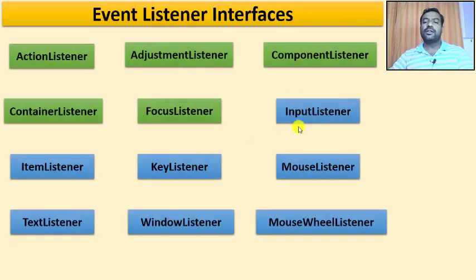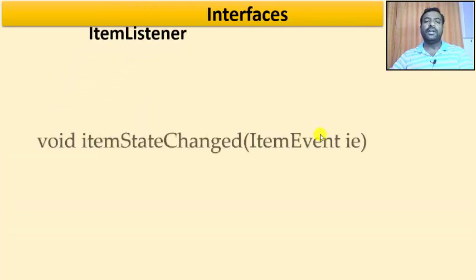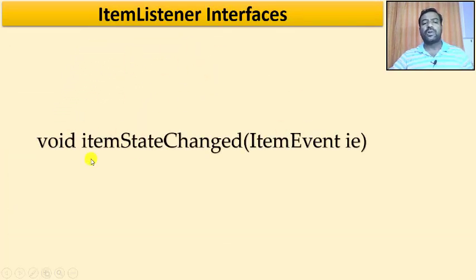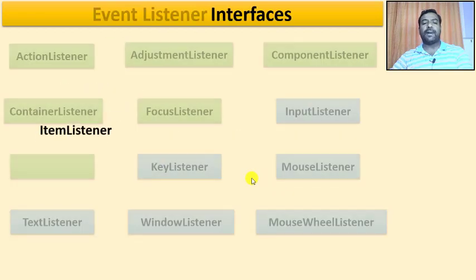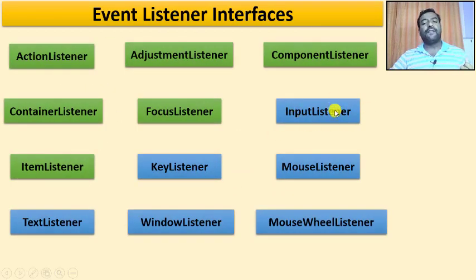For the item listener, we have void item state changed. Whenever the item changes its state, we have this method to be incorporated, and the item event is the object passed as the parameter. The reason I didn't pick input listener is that there is no specific input listener interface.